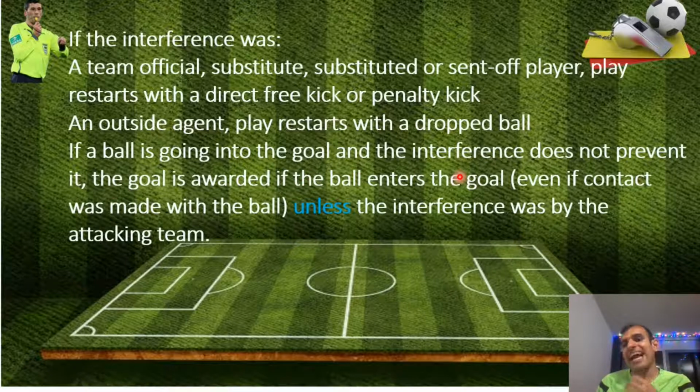Goal will be accepted, even if contact was made with the ball. But please note, unless the interference was by the attacking team. If the interference is from the attacking team, definitely the goal will not be accepted.